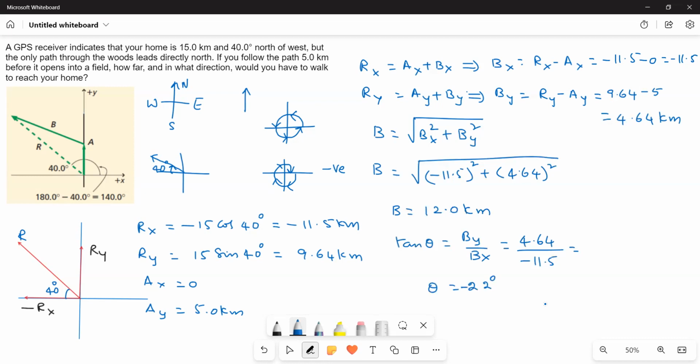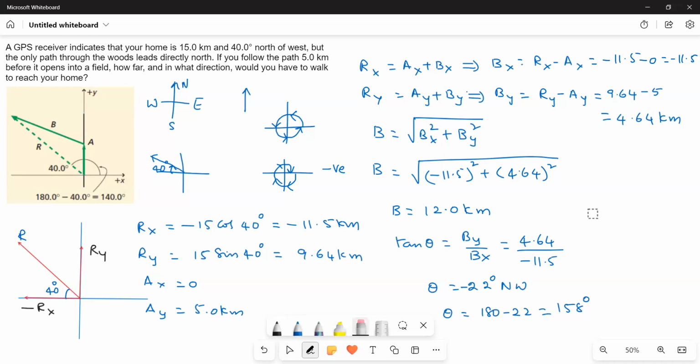The negative sign indicates that it is in this direction, and we are taking the counterclockwise direction. If we take the clockwise direction, then theta is equal to 180 minus 22, which is 158 degrees. And the direction is northwest, going from north to west.